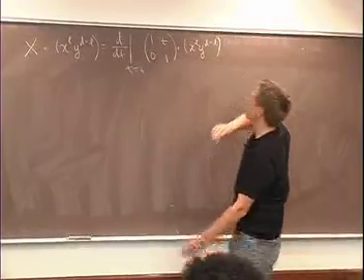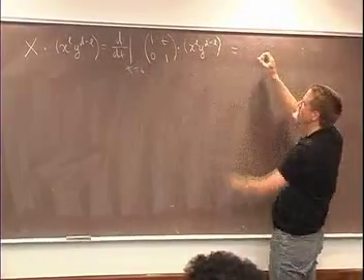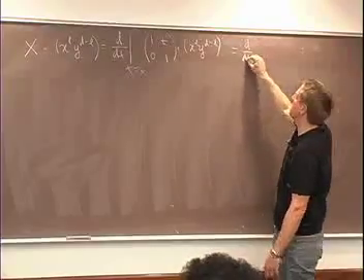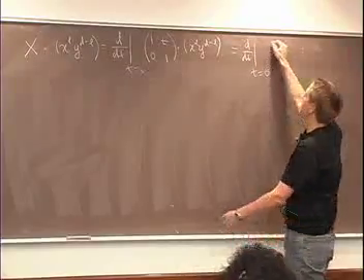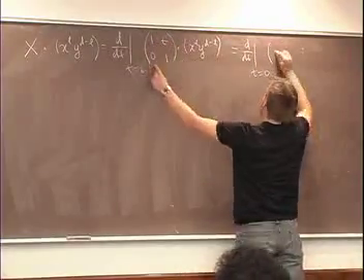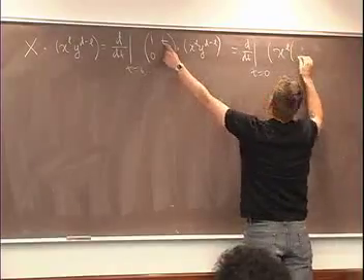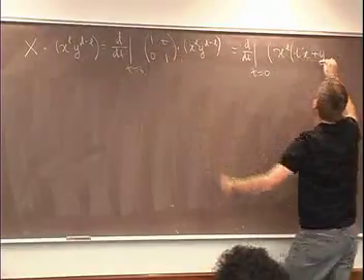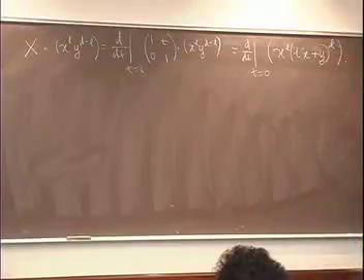This time the action isn't diagonal. Things are going to be mixed up. So this is the derivative at t equals 0. Well, nothing happens to the x coordinate. To the y coordinate, we get (tx plus y) to the lth power.